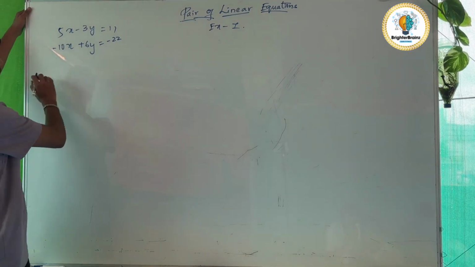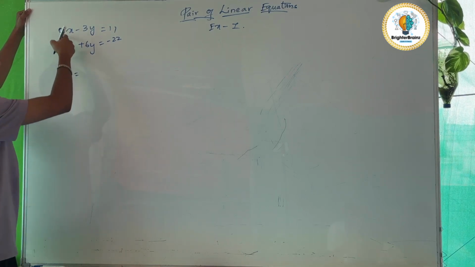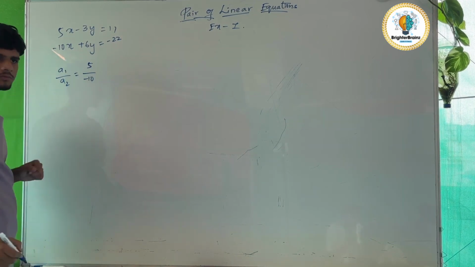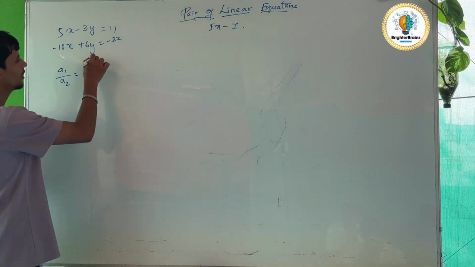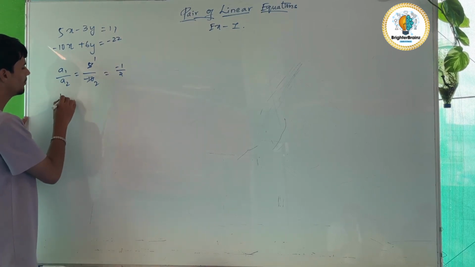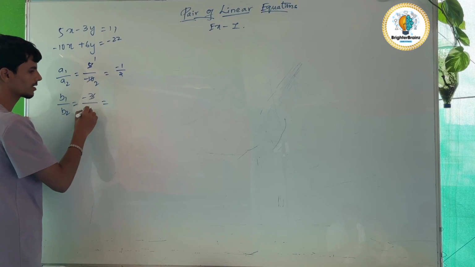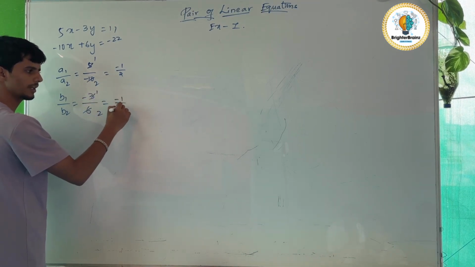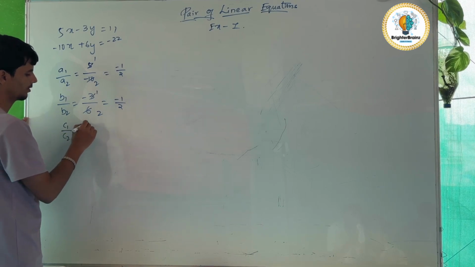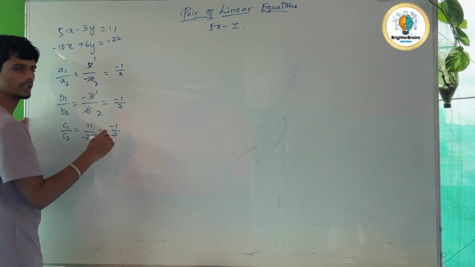First, a1 by a2: what is a1 by a2 here? 5 by minus 10. If we simplify this, we get minus 1 by 2. Next, b1 by b2: minus 3 by 6, that is minus 1 by 2. And next, c1 by c2: 11 by minus 22, that is minus 1 by 2 again.